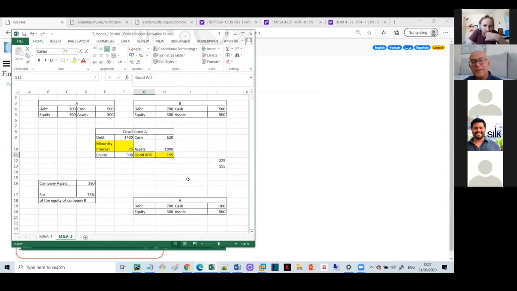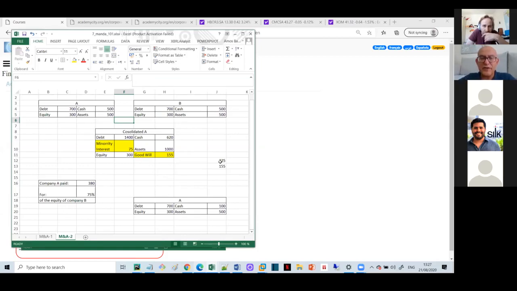Stage number two, please pay attention that in this case that we don't acquire 100%, we only acquire 75%, the previous owner or the previous shareholders, they're still shareholders in company B. So we have partners in company B. What is the book value that belongs to those shareholders?